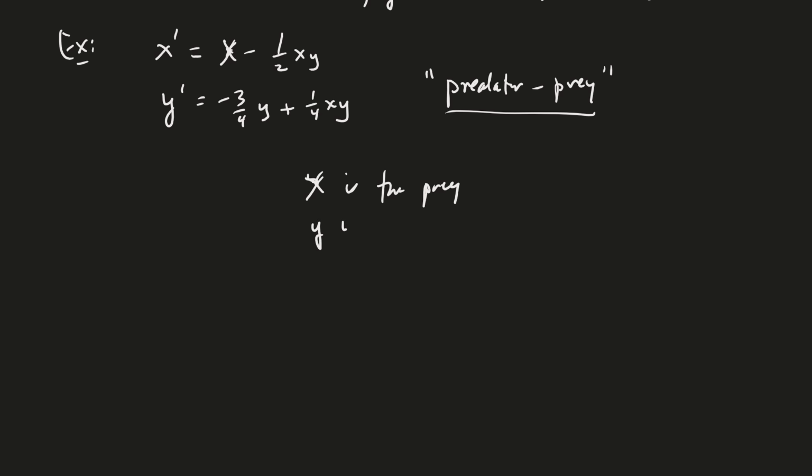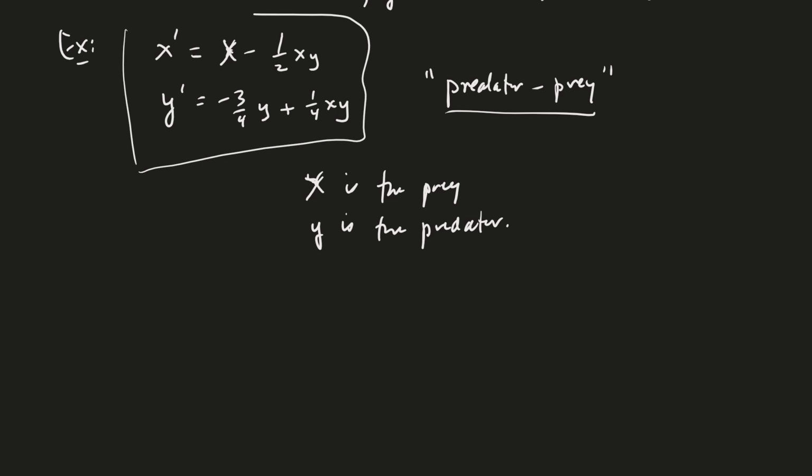And then Y is the predator. Good. So in the next example, we will just do a quick analysis of the predator-prey equations, just like we did for the competing species. But this is good practice to look at your differential equations and see what's happening.